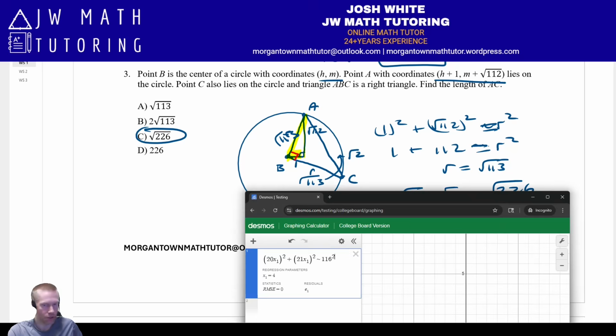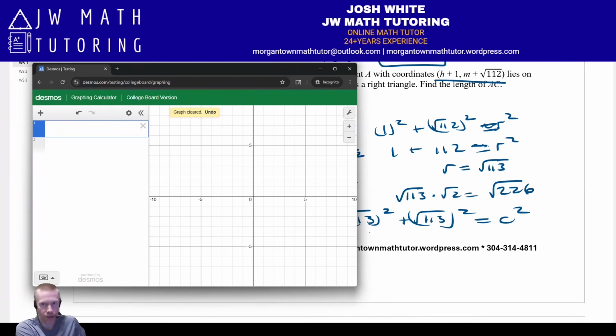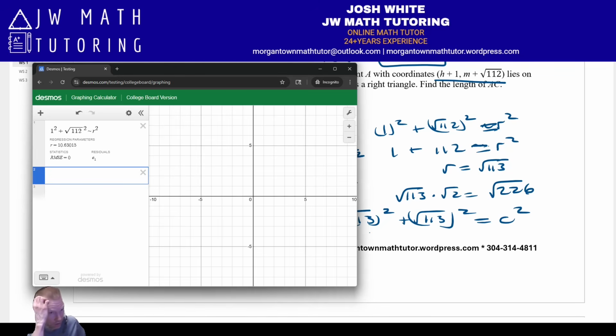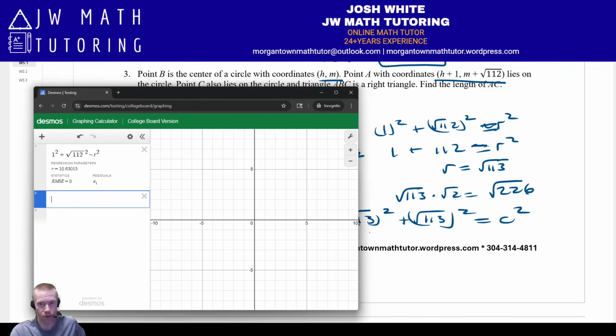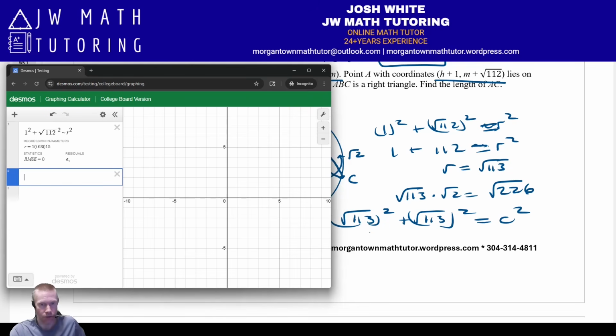Now, just to show you, for the first calculation, again, you would have 1 squared plus root 112 squared tilde r squared. Okay, so there's r. That's basically the square root of 113. Now, what you're going to do, and this is kind of the tricky part, basically you're going to take r squared plus r squared, and that's going to equal c squared.